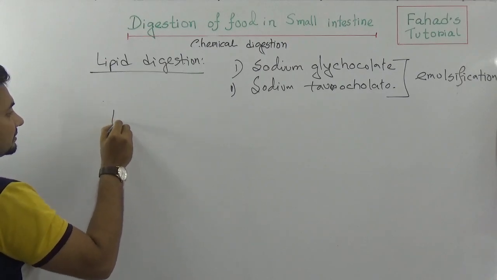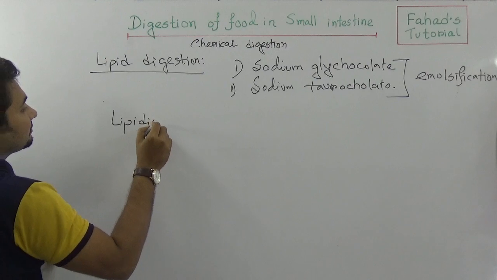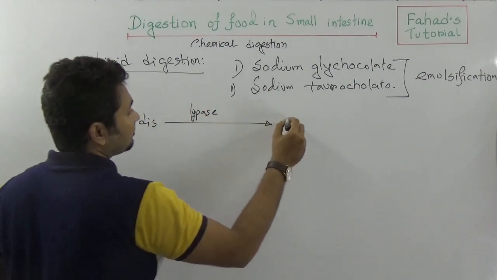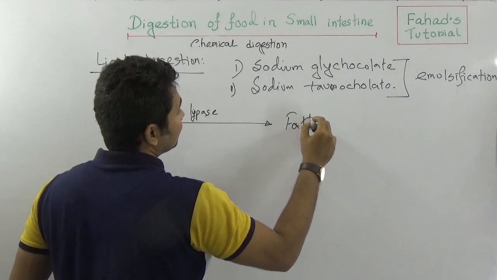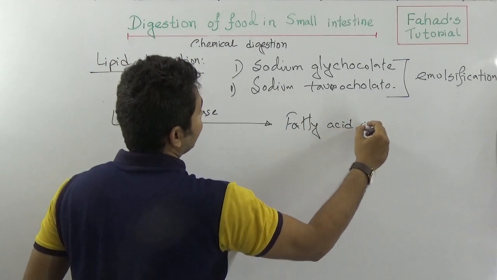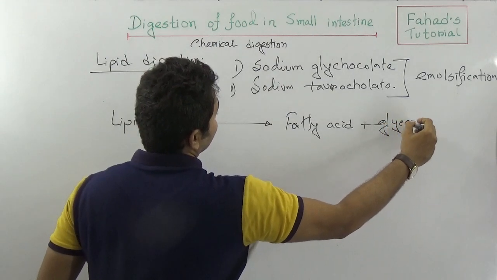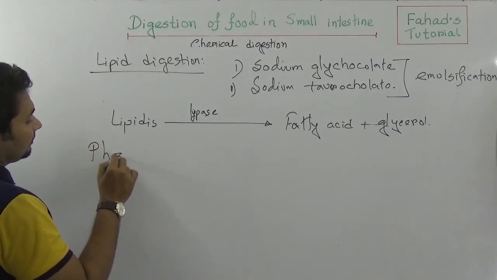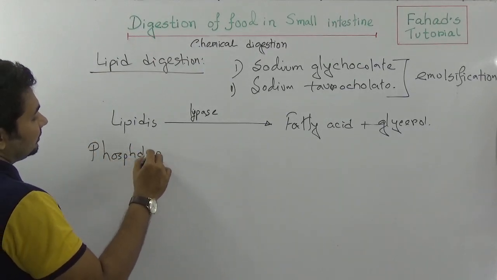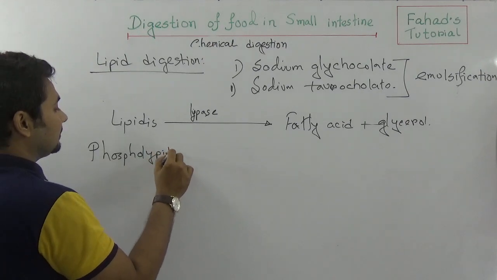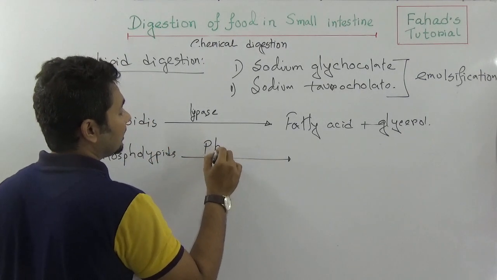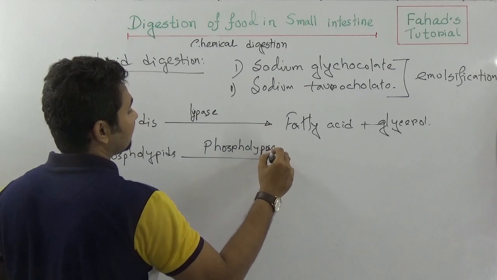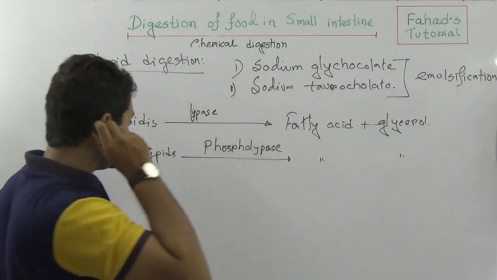Now the lipids are breaking down with the activity of lipase and will produce fatty acids and glycerol. Fatty acid and glycerol. Phospholipids, that is phospholipase, is breaking down and produces fatty acid and glycerol.